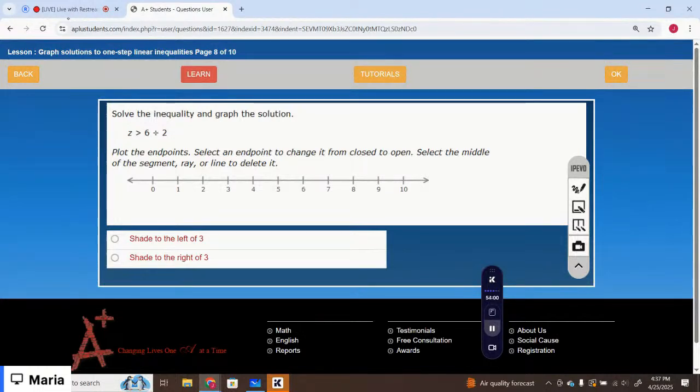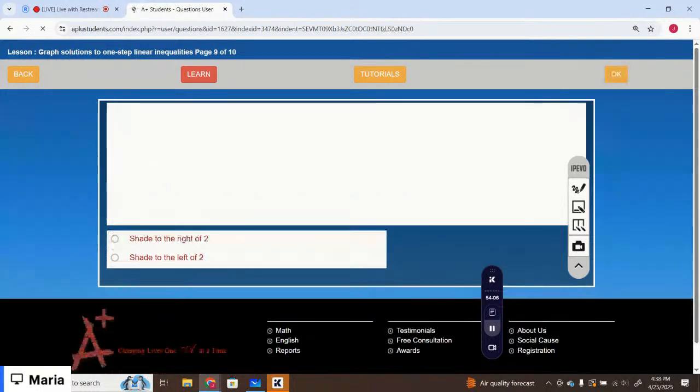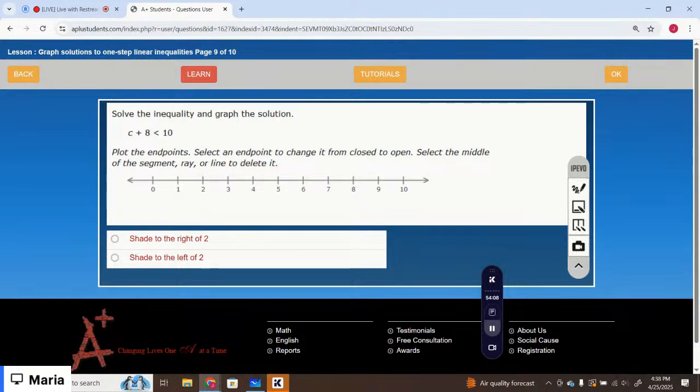That is z is greater than 3, shade to the right of 3. Solve the inequality and graph the solution.